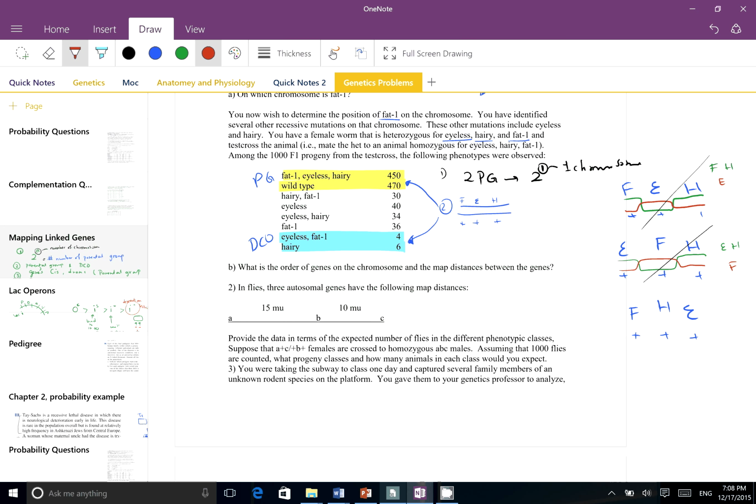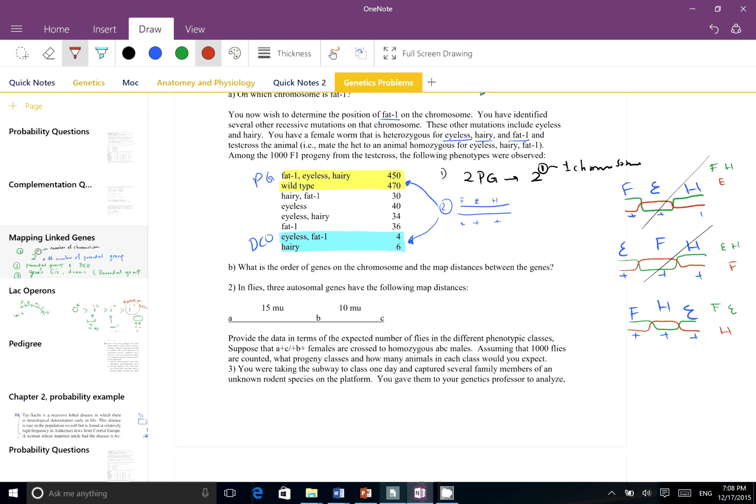Now let's do my double crossover for this one. So I have fat. Oh, let me do it with the green one. I have fat going down, coming back up with eyeless. So fat and eyeless. And then my other crossover is wild type hairy. So I have hairy on its own.